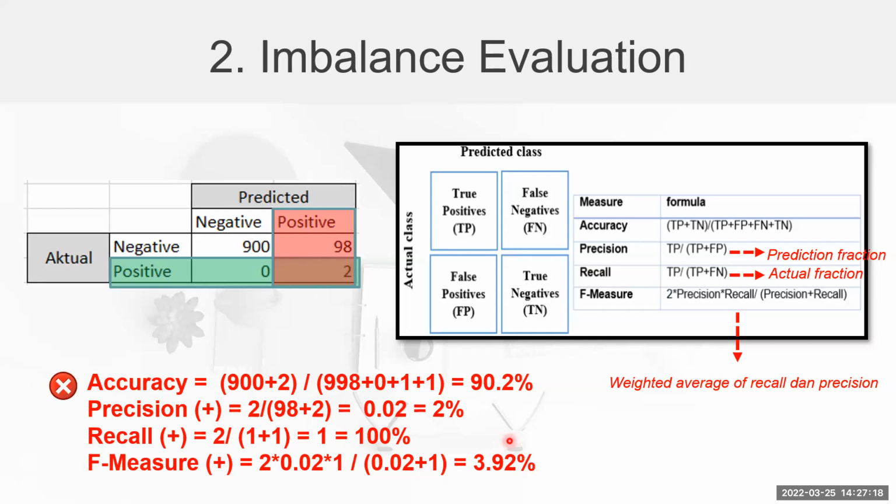So from these 3 cases, we can conclude that precision, recall, and F measure can represent the goodness of the model, how well the model is built, actually from the minority class.